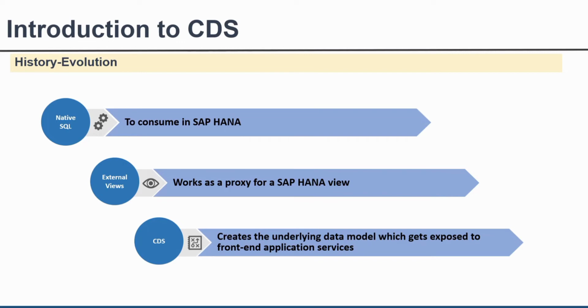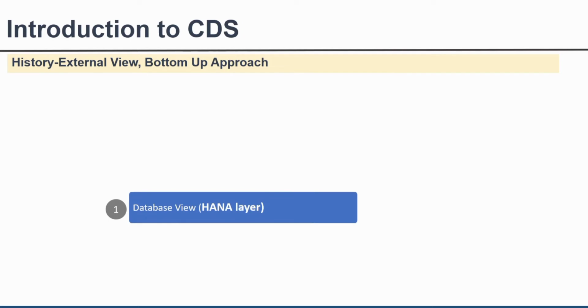Now, with CDS, we really don't need to know what is going on with SAP HANA views, because with CDS, these objects at the database level are automatically generated. This is the bottom-up approach.